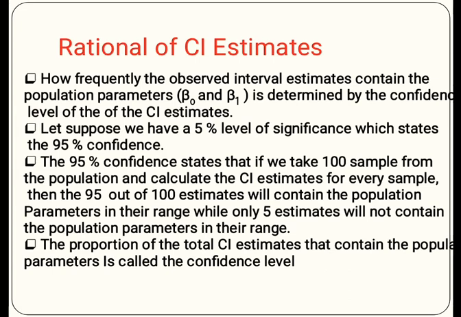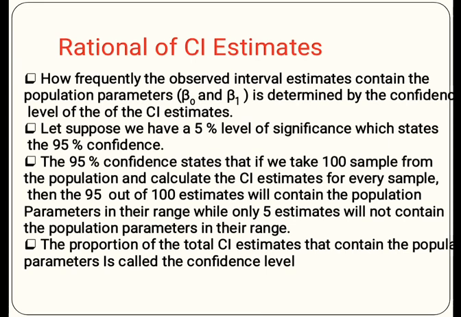How we ascertain that our population parameter lies in this range depends upon the level of significance. A 5% level of significance means you are 95% confident that your population parameter will lie in this CI range.